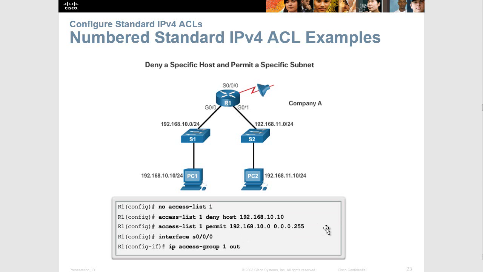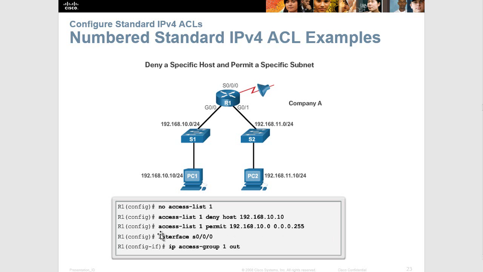The device lists host access list entries first, and then network range access list entries second. You'll see that in a troubleshooting slide that we have a little further down the list.